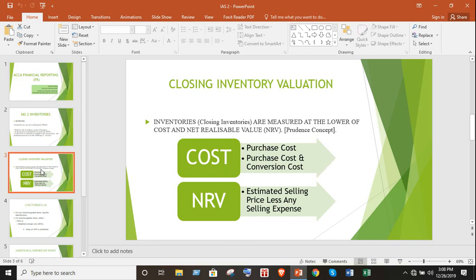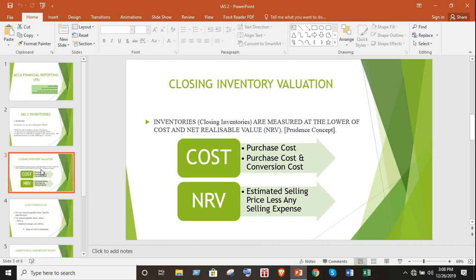Now my question is, the inventory will be sold next year. So here, do you consider the existing selling price or the estimated selling price at which you will be able to sell the inventory? Many students get confused. They always consider the original or existing selling price when they identify the NRV.